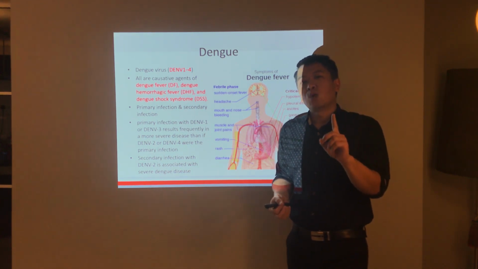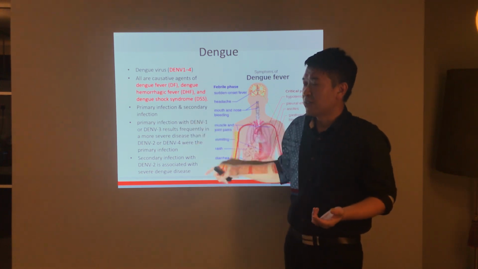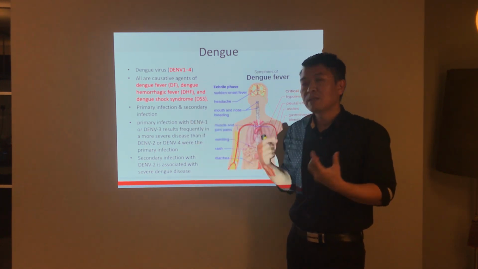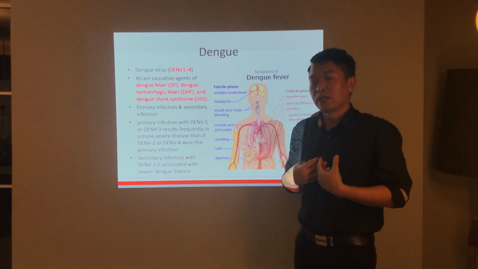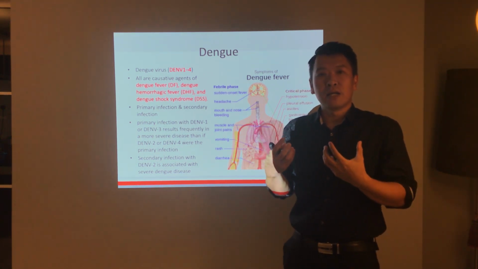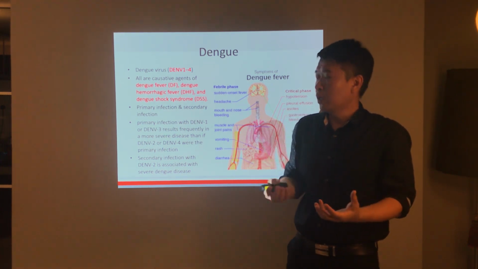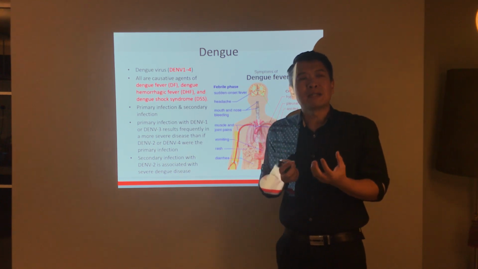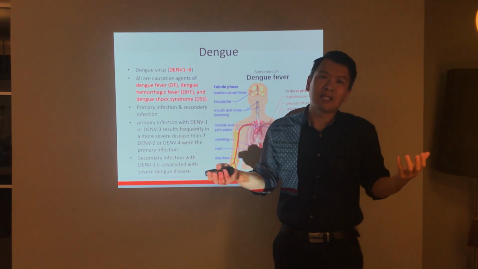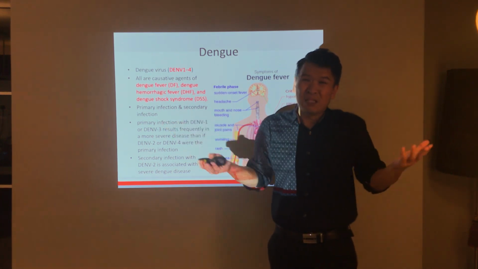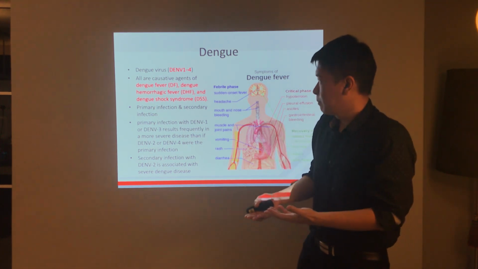However, once the person has been infected with, let's say we use dengue virus serotype 1 as an example, their body starts to develop immunity against dengue virus serotype 1. Next time when they get bitten by another mosquito carrying dengue virus serotype 1, they are basically safe from the virus.